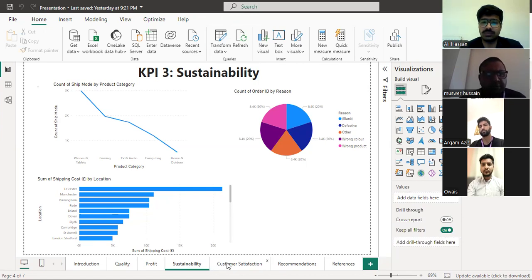The maximum shipping cost is Leicester at 20K, and the minimum is London Stratford at 5K. These are the KPI 3 sustainability diagrams, and that's all.